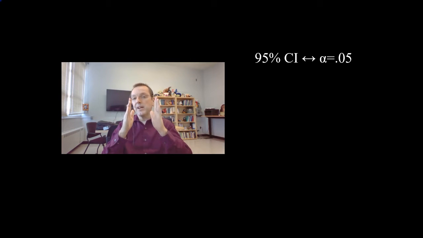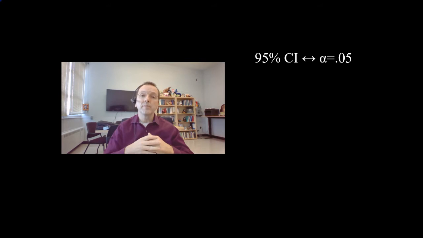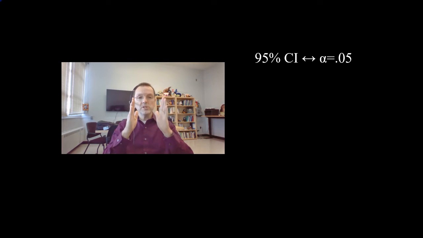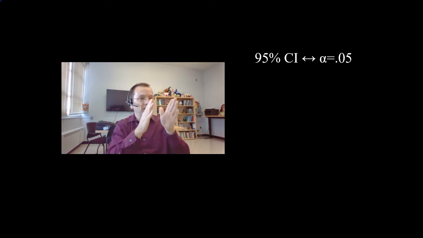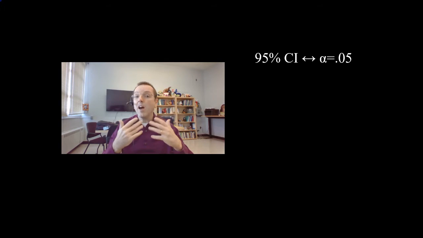Because they're based on the same t-score and the same standard error of the regression coefficient, there's a synchrony between a 95% confidence interval and an alpha level of 0.05. The ranges they describe are in fact the same size, just centered on different things. It's centered on 0 for null hypothesis testing, and it's centered on the observed value for our regression coefficient when we're calculating a confidence interval.